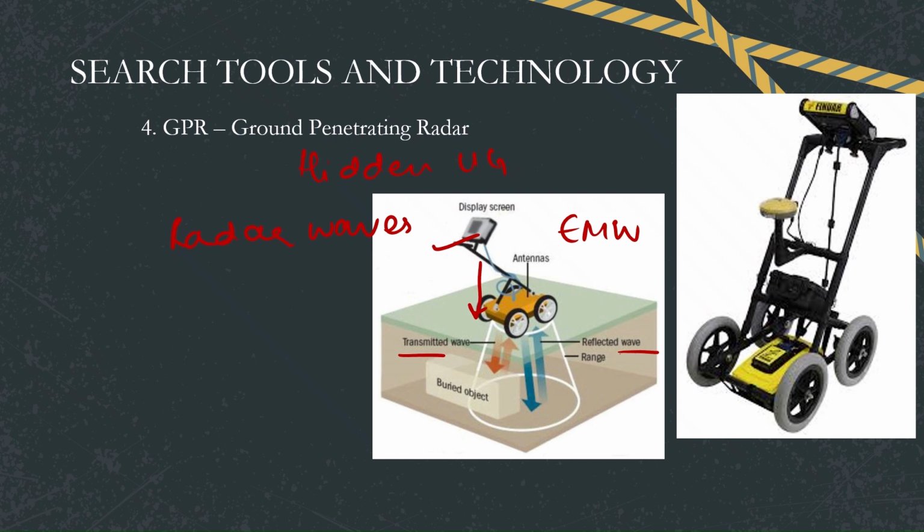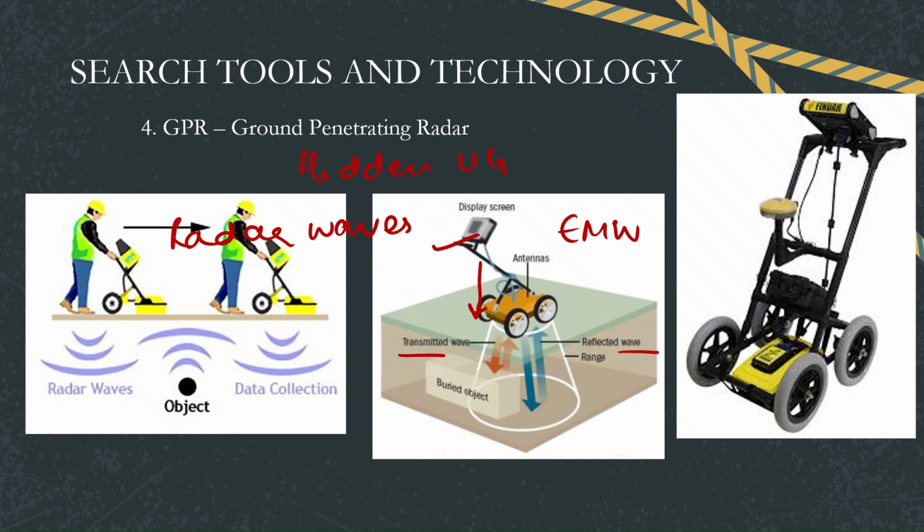The system then records the time taken for the waves to return and displays the information on the screen. Different materials such as soil, empty spaces, metallic objects, or decomposing remains reflect these radar waves differently. By analyzing these reflections, investigators can detect the presence, depth, and approximate location of buried objects without digging into the ground.